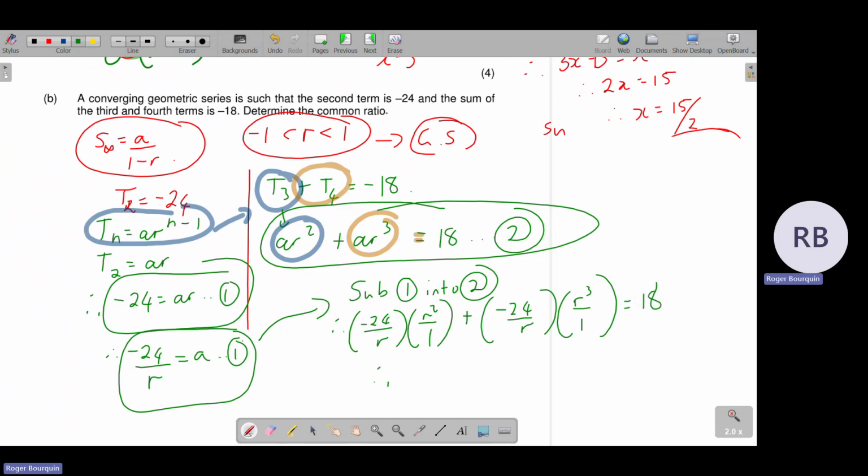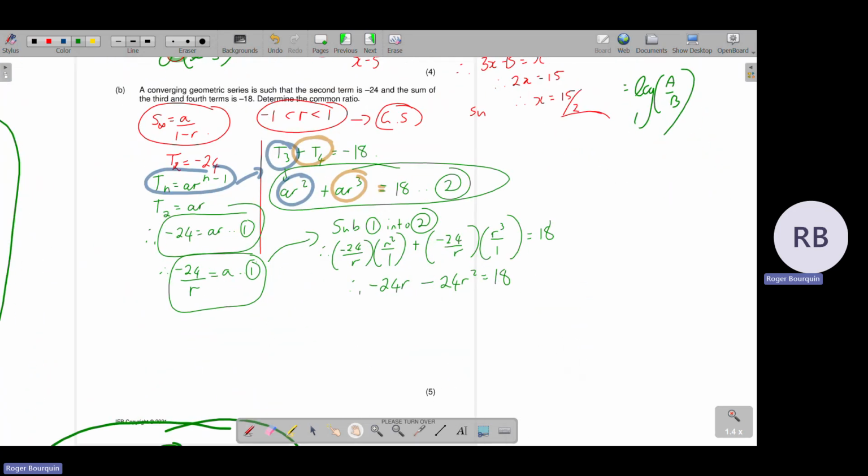So the R will cancel here, so you'll be left with -24R minus 24R squared is equal to -18. Are we testing quadratics here? No, we're not. So we're going to say naught is equal to 24R squared plus 24R plus 18. Stick that into your calculator.